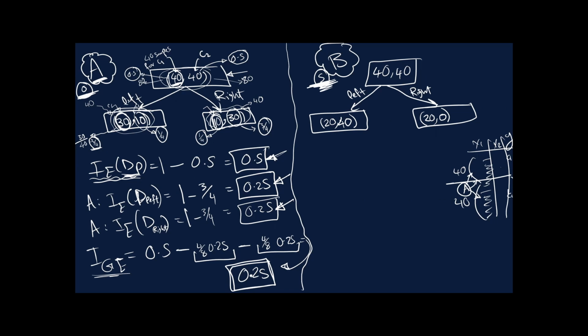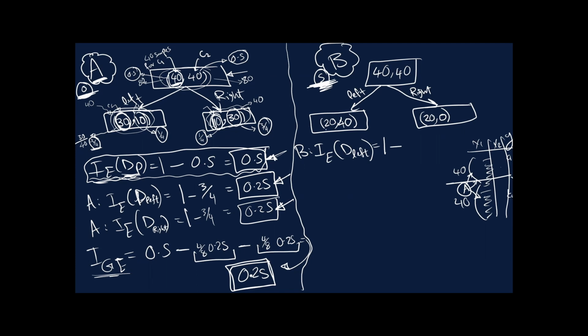Yes, I understand. Okay, so now we are evaluating condition B, and we have the same impurity for the parent, of course, because the impurity of the parent does not depend on the split. It's just 1 minus the maximum of these two probabilities. And then we'd have the impurity of the left child, which is 1 minus the highest of them.